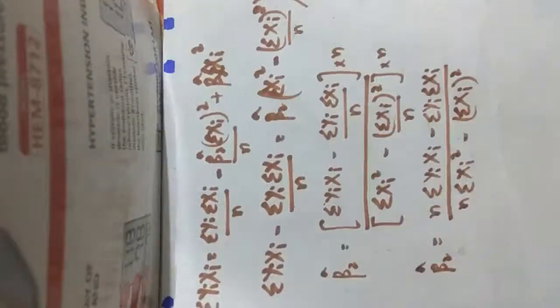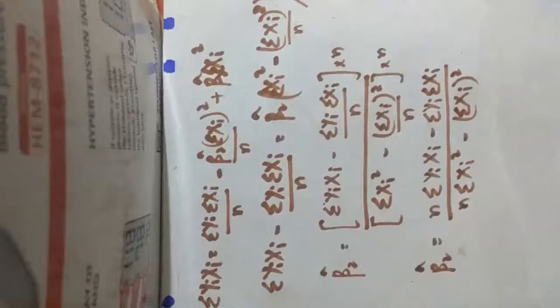We can actually write this in a simpler manner in terms of deviations. The same formula as earlier can be written as beta 2 hat is equal to summation xi minus x bar into yi minus y bar divided by summation xi minus x bar squared.